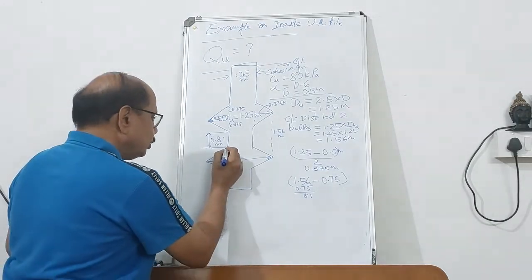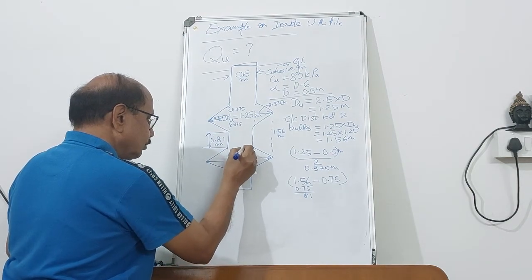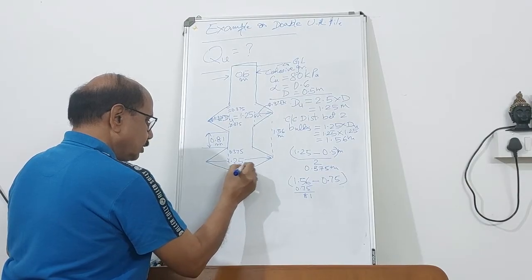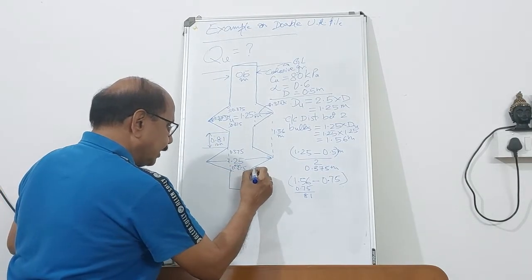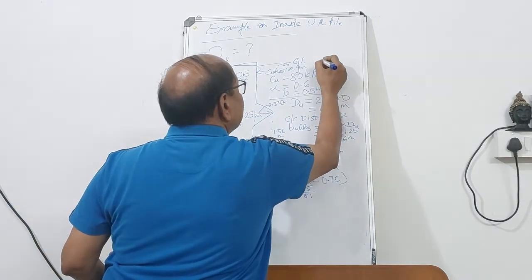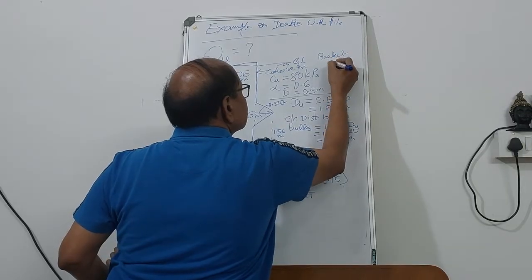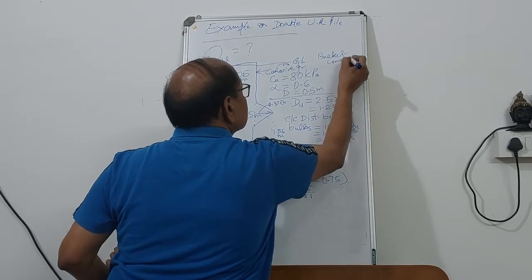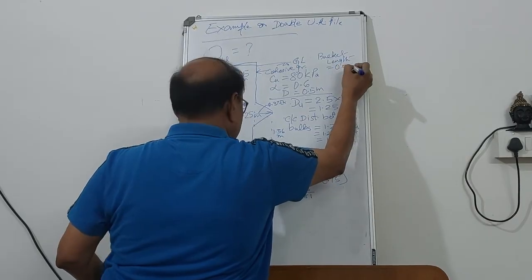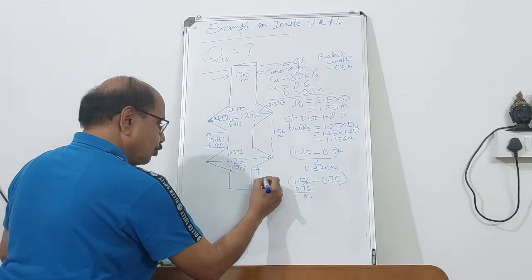So here also, this is 0.375 meter, 0.375, and this is the bucket length. The bucket length is given in this problem, and the distance is taken as 0.5.